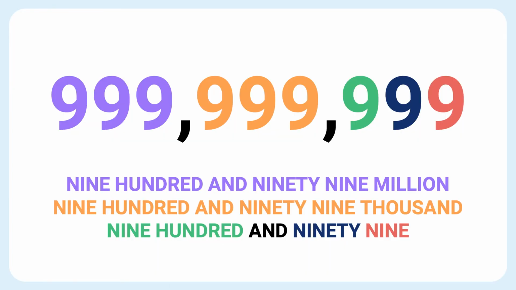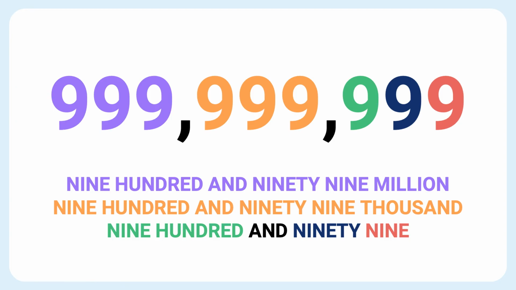Let me now give you a little bit of a challenge. Can you spell the number 999,999,999? Pause the video and see how you go. Here it is. This is the spelling of that massive number.